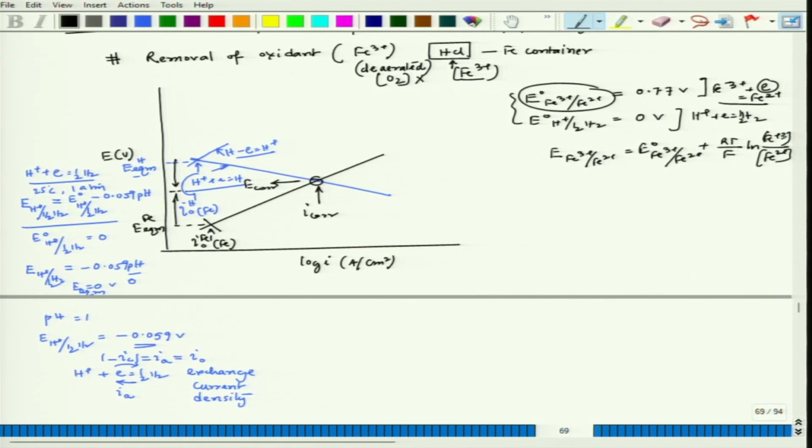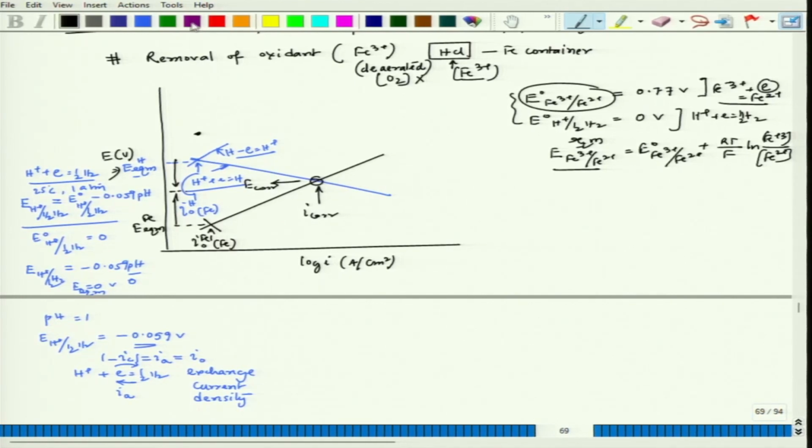Okay. So, depending on the concentration of Fe3 plus and Fe2 plus, I would have this equilibrium potential. Now this equilibrium potential lies above this potential. Let us say it is lying at this location. I think I will still have a problem drawing it. Let me say it is lying here.